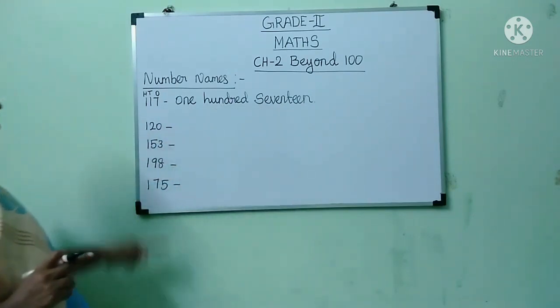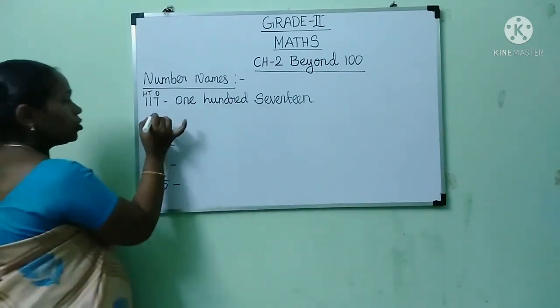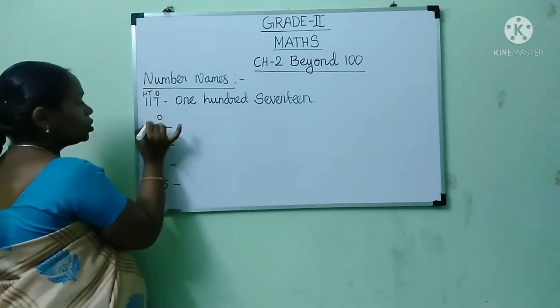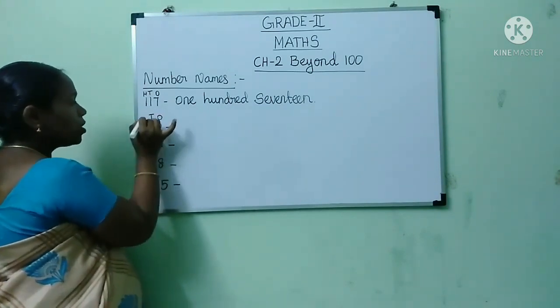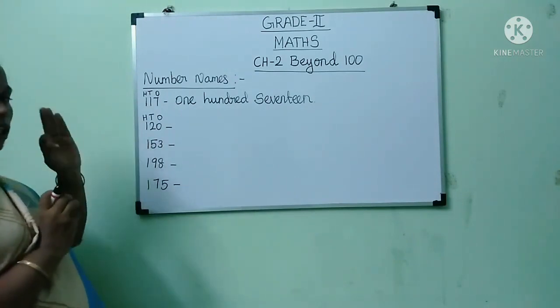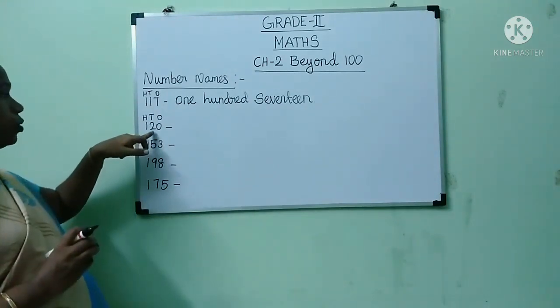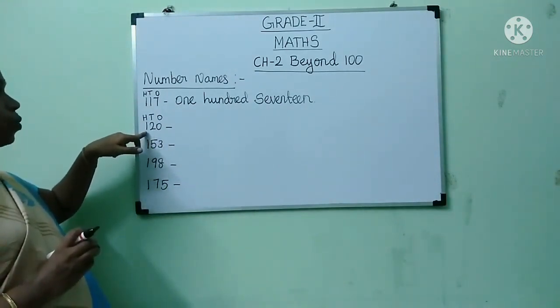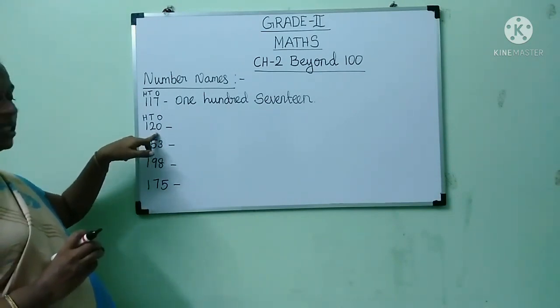117. Okay. The second one: 0 is the ones place, 2 is the tens place, 1 is the hundreds place. Here also we have 3 places. How to read this number? 120.